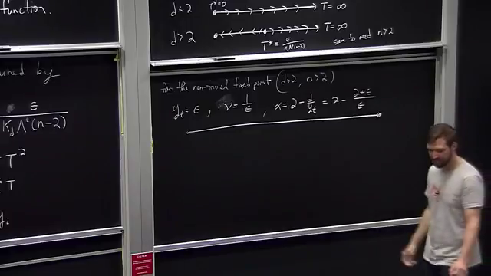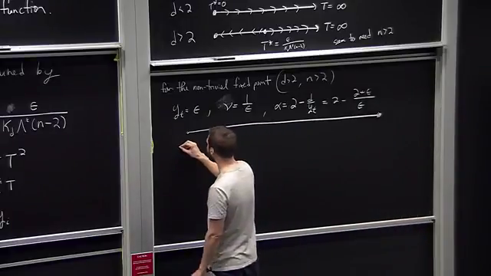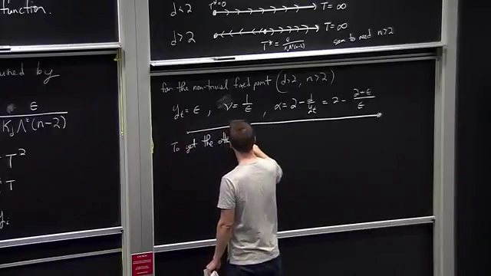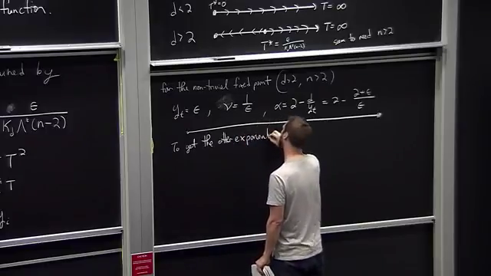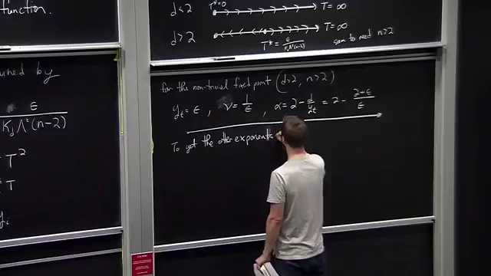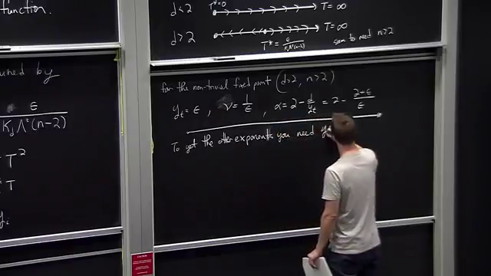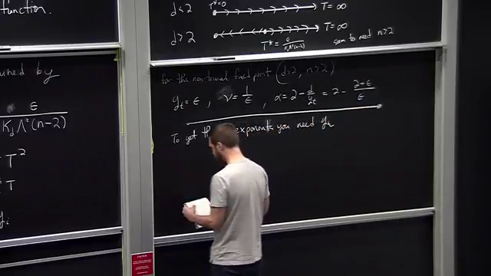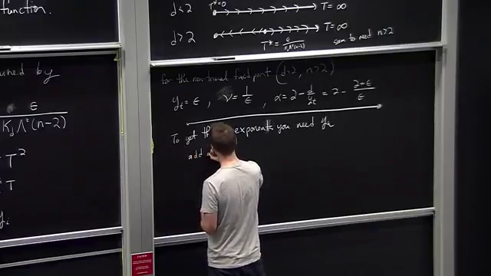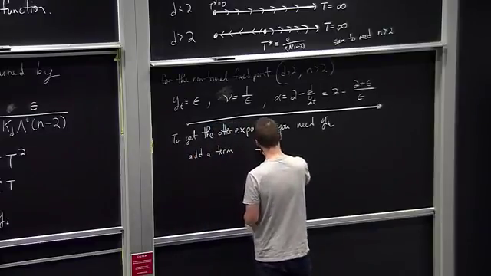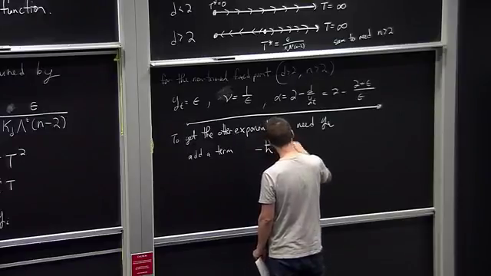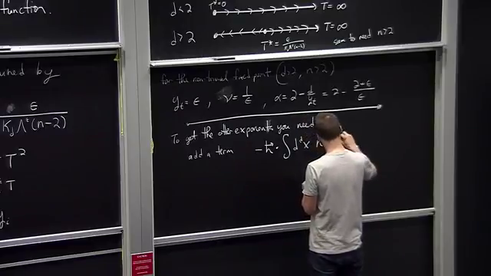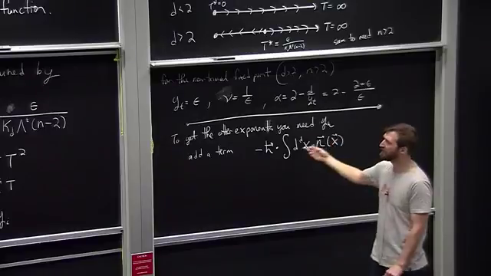Let me just give you the answer. So you can add a term to the action, which is like a magnetic field, dot product with n, say.